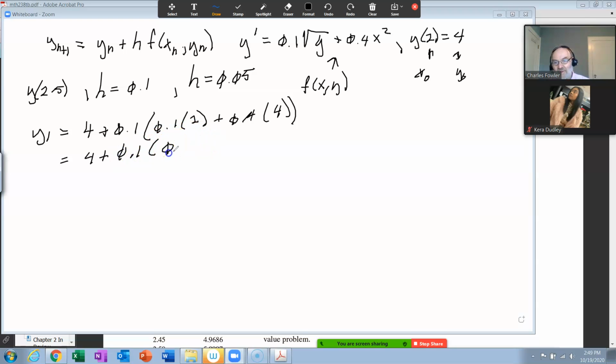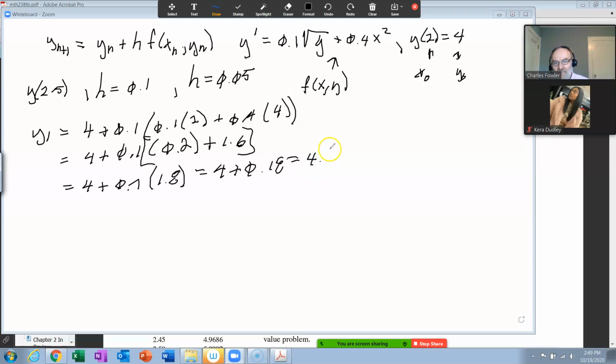This will be 0.2 plus 1.6, so this will be 4 plus 0.1 times 1.8, so this is 4 plus 0.18, so that would be 4.18.